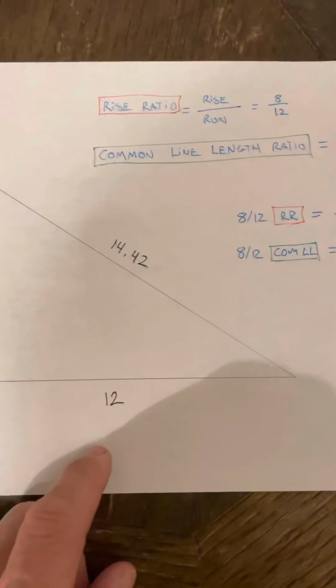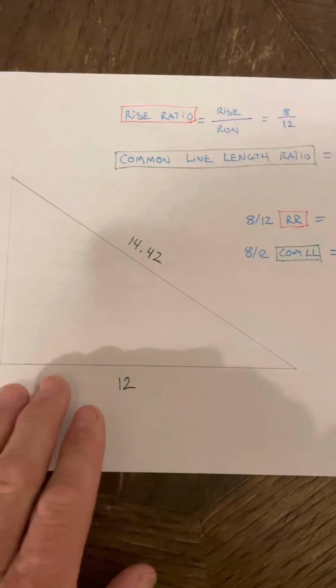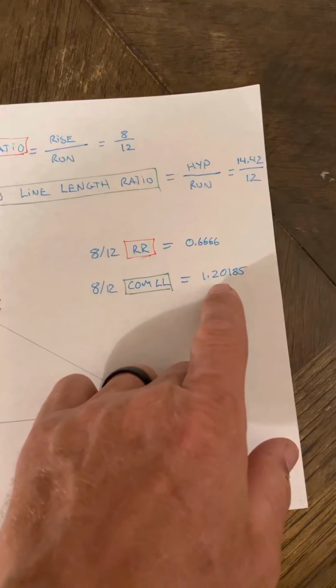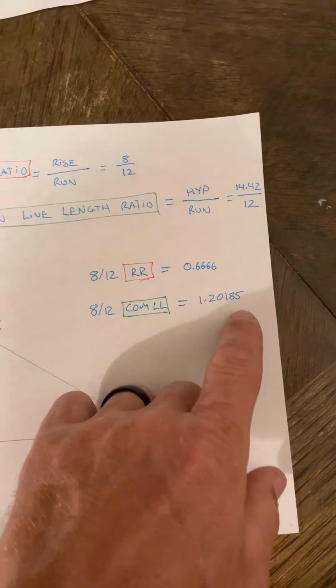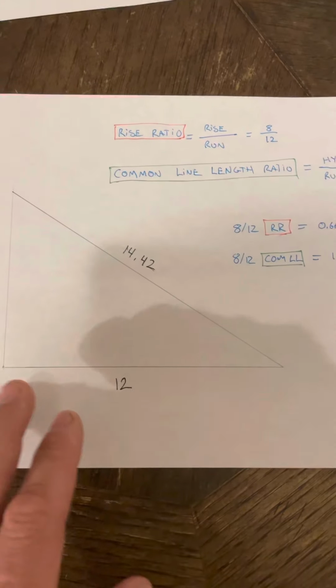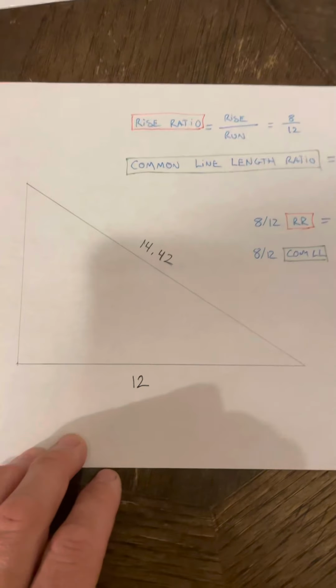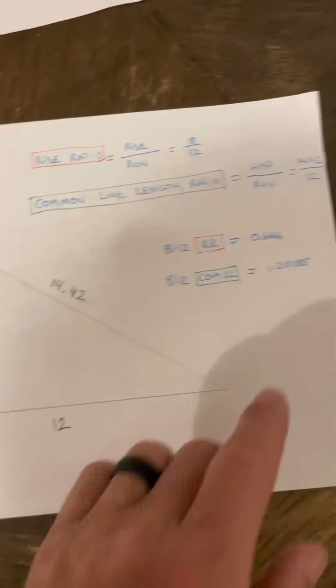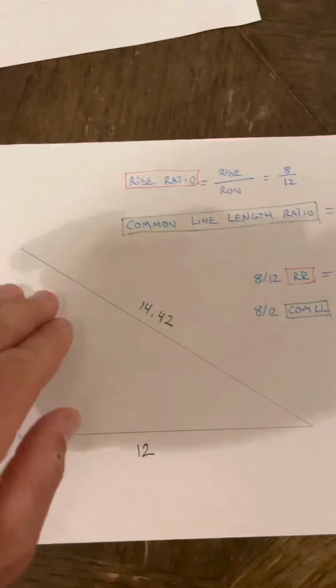That means no matter how long the run is, your rafter is always going to be 1.20185 times longer than your run. So if you have an 89-inch run, you multiply it by this number, and that will tell you how long your rafter is.